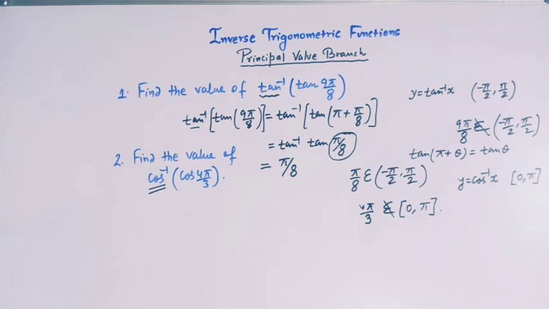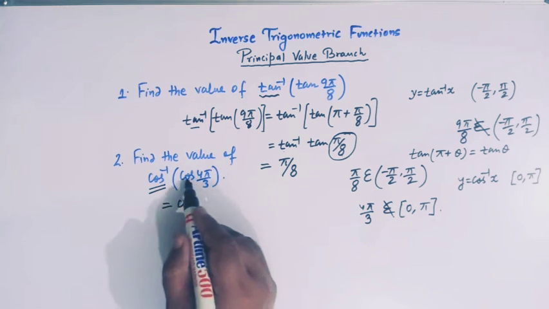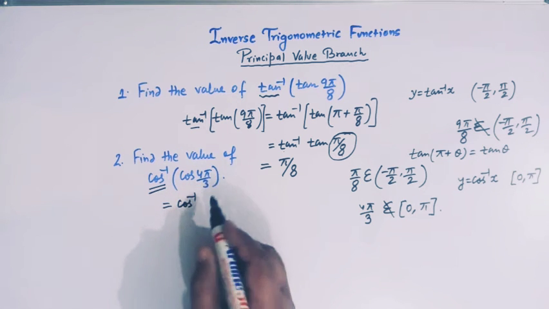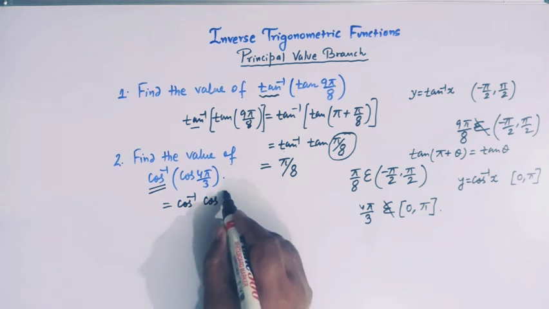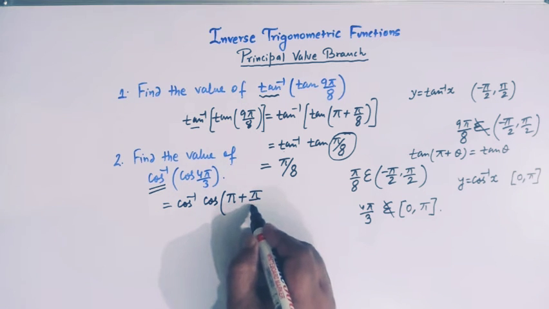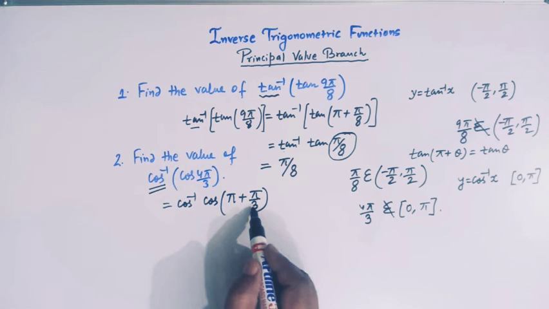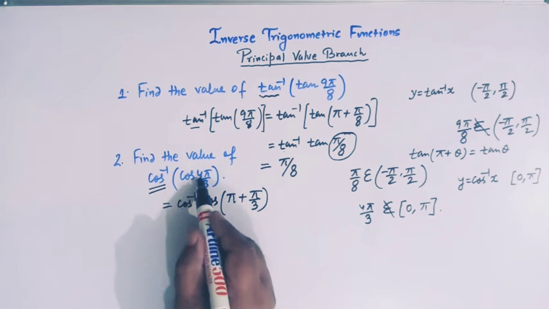Clear? So now we will express this cos 4 pi by 3 as cos of pi plus pi by 3. So this is pi plus pi by 3, that is 3 pi plus pi, 4 pi by 3.